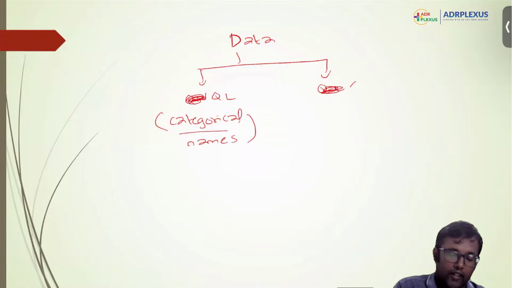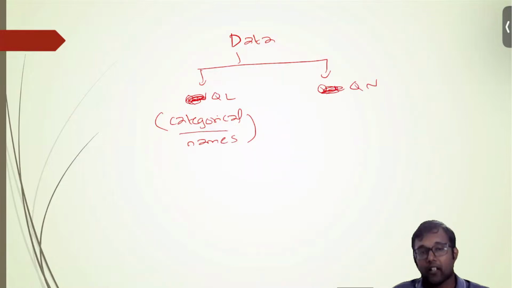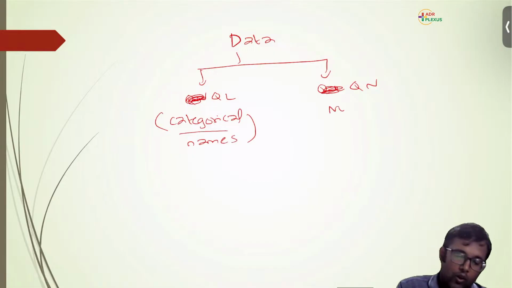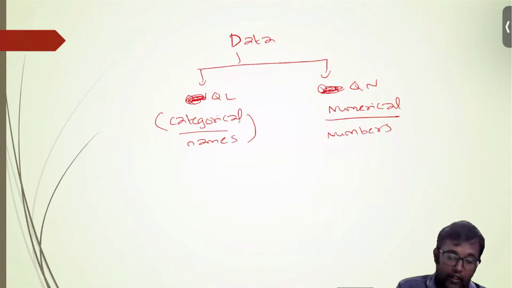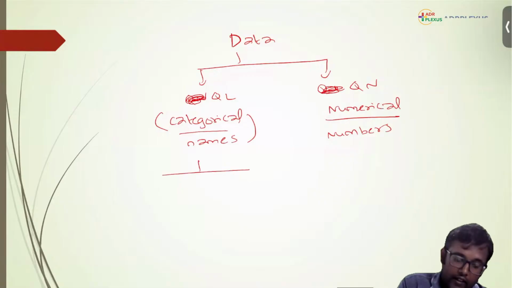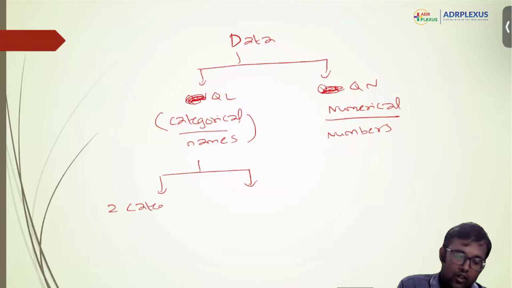Quantitative means numerical, the numbers. Qualitative data, depending on how many categories, has 2 categories or more than 2 categories.